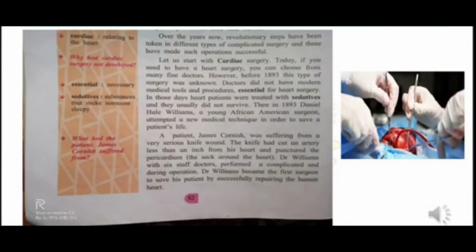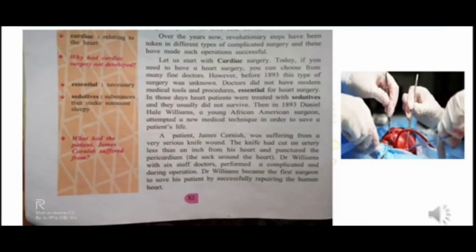Also, the pericardium means there are layers in our heart. That layer was hurt by that knife. As mentioned in the picture, to reach the heart there are a lot of layers, and those layers are known as the pericardium.